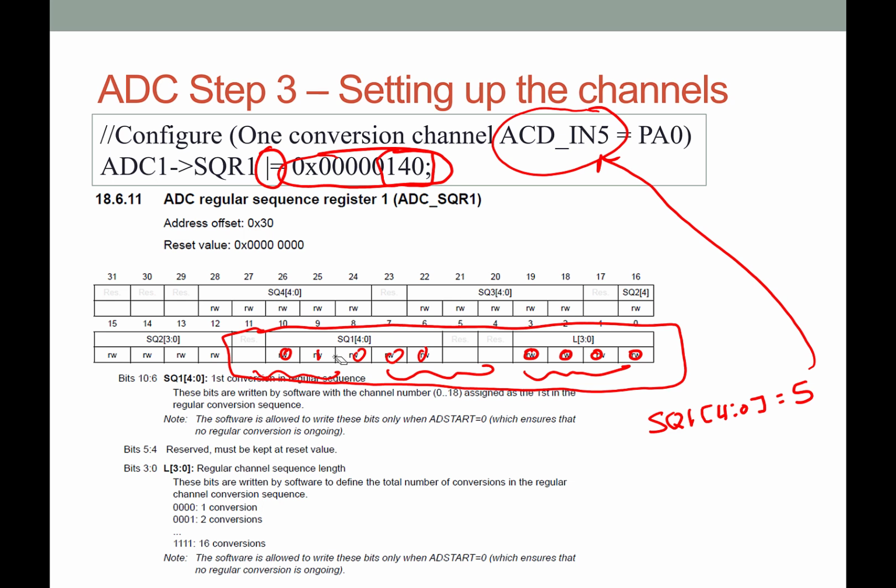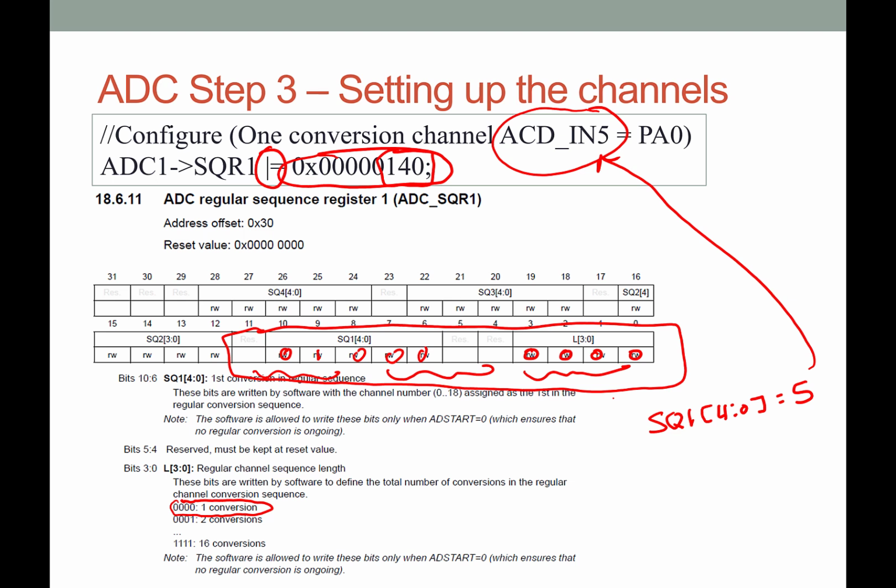So anyways, the next thing it says is, okay, I put in zeros here, which means L3 to 0 is just 0. What's that mean? It means I'm going to do just one conversion. If I wanted to do 2 conversions, I could do 0001, and so forth.